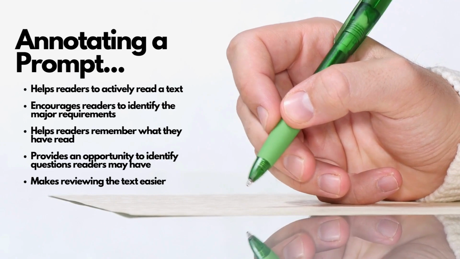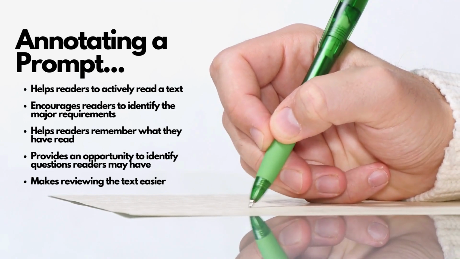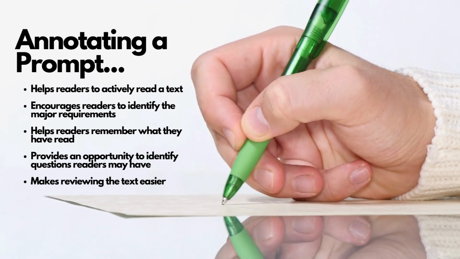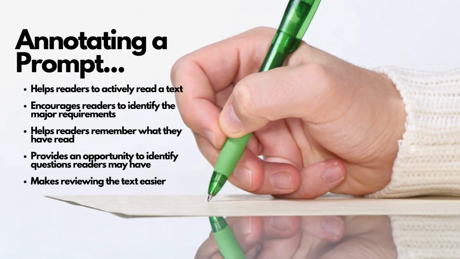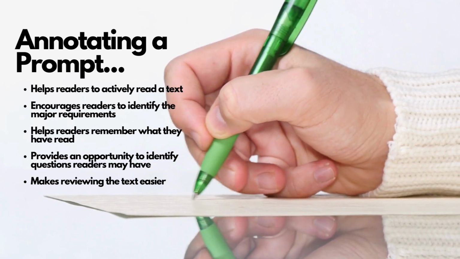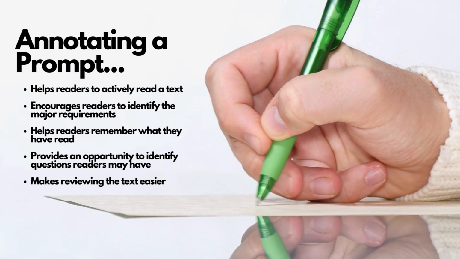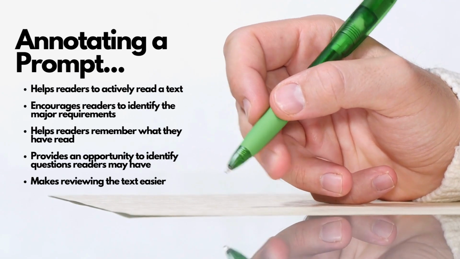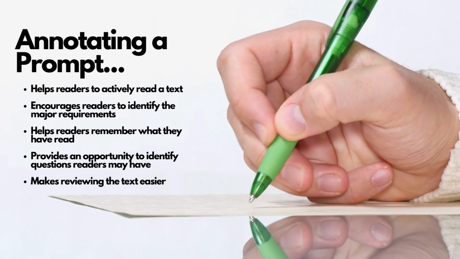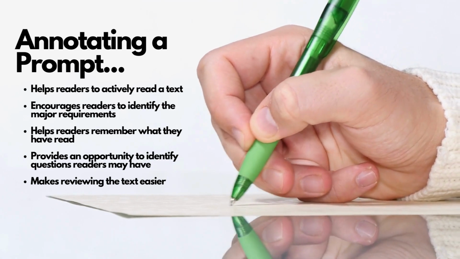This is because annotating a prompt helps readers to actively read a text. So we're really focusing on what we're reading, just like we do when we read articles or websites for our projects. Annotating also encourages readers to identify the major requirements of a project or an assignment. It helps readers remember what they have read.